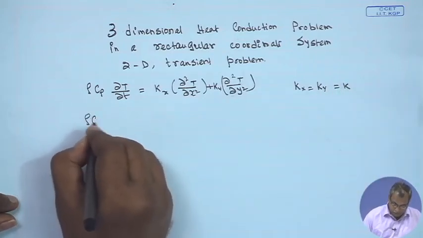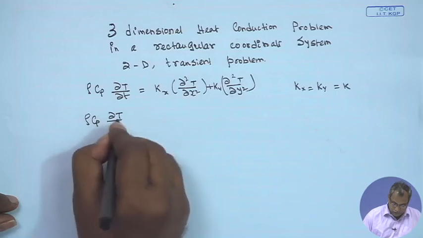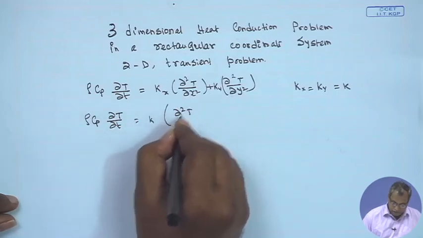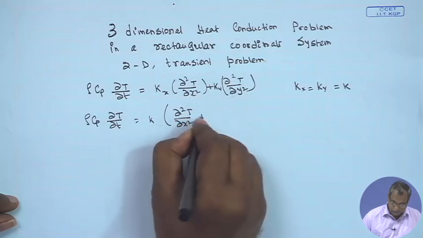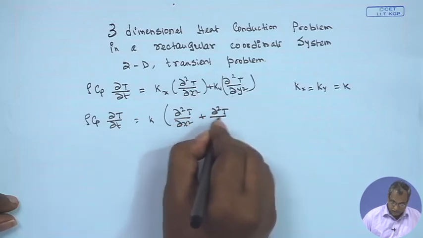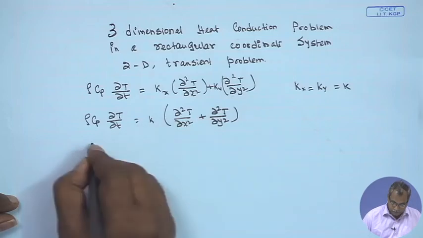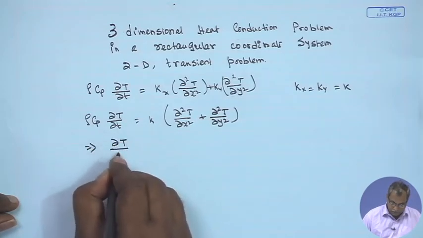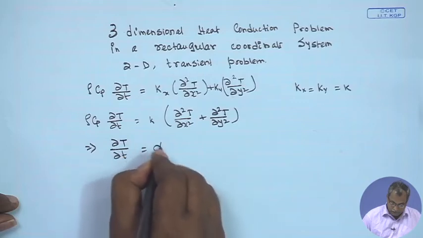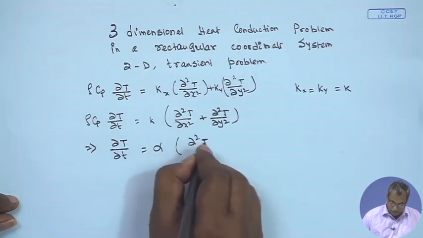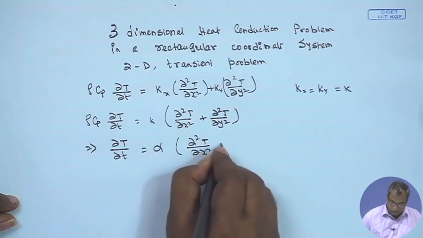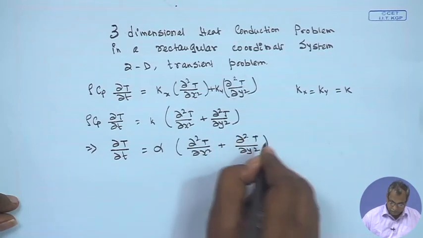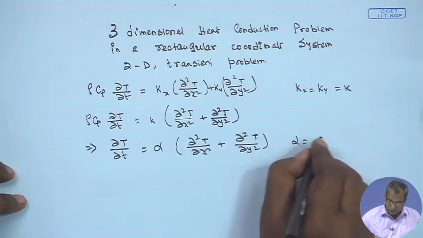So, rho Cp del T by del t equals k times del square T del x square plus del square T del y square. If I divide by rho Cp, this becomes thermal diffusivity. So, del T by del t equals alpha times del square T del x square plus del square T del y square, where alpha is known as the thermal diffusivity.